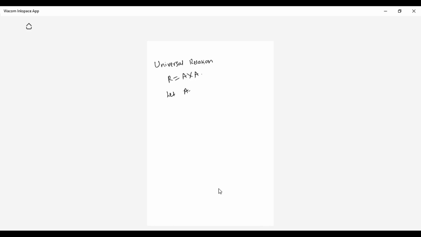Let's suppose A is equal to {a, b, c}. What would be the universal relation here? R is equal to A cross A, so simply take the cross product. A to A, comma, A to B, comma, A to C. Now B to A, B to B, B to C. So (b, a), (b, b), (b, c).